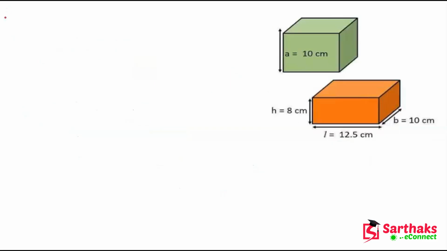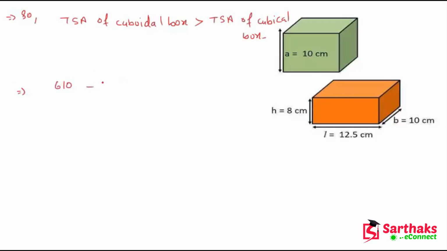So we can write, the TSA of the cuboidal box is greater than the TSA of the cubical box, and this will be 610 minus 600, which is equal to 10 centimeter square.